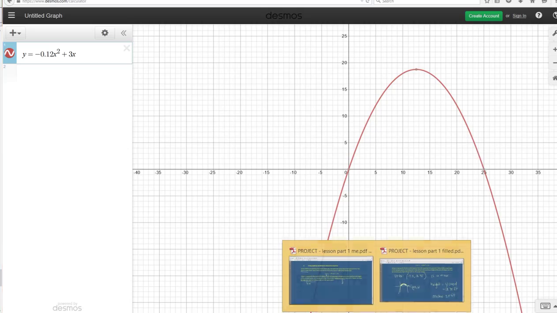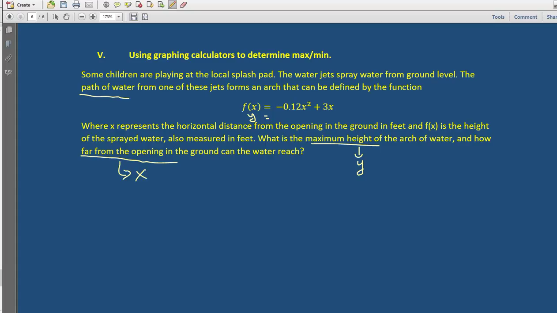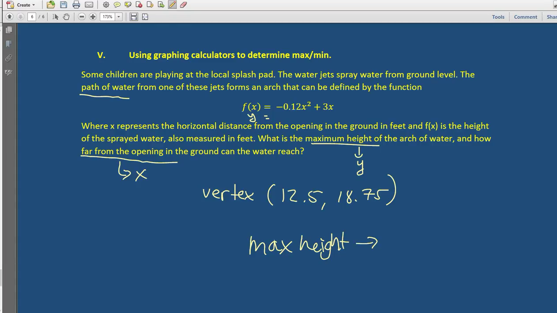All right. So then to answer this question, we're going to say, remember our vertex was (12.5, 18.75). So our max height, of course height is y-axis, is 18.75 feet.